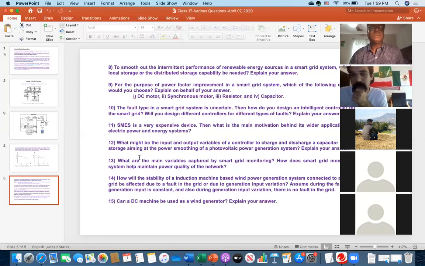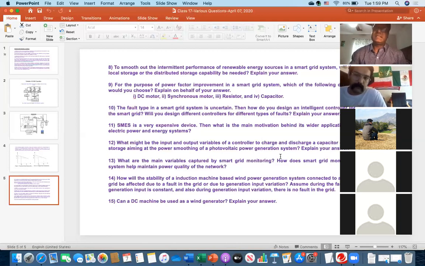Okay, so question number 12. What might be the input and output variables of a controller to charge and discharge a capacitor energy storage aiming at the power smoothing of a photovoltaic power generation system? Explain your answer.